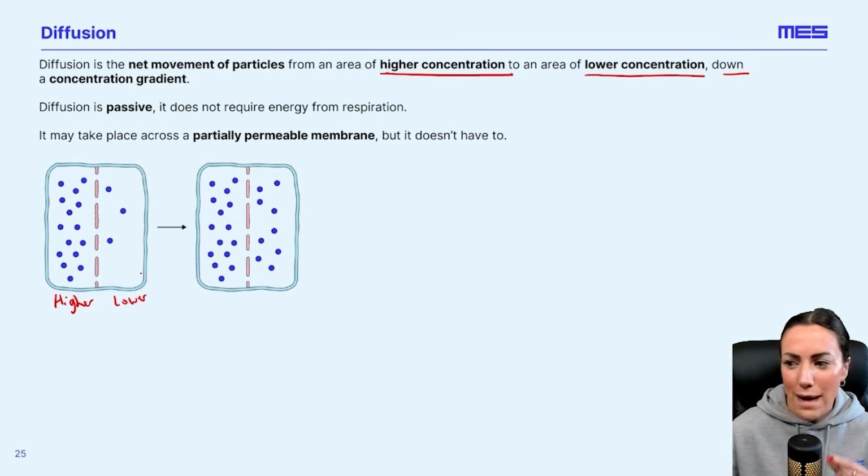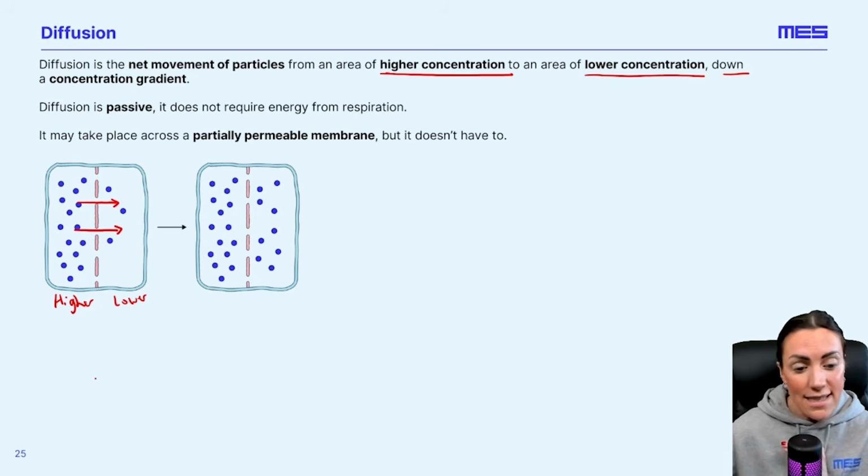So all we need to remember is that diffusion is the net movement of particles from higher to lower concentration. So these particles are going to diffuse in that direction. And that diffusion will continue until an equilibrium is reached, which means there's equal concentrations on both sides.